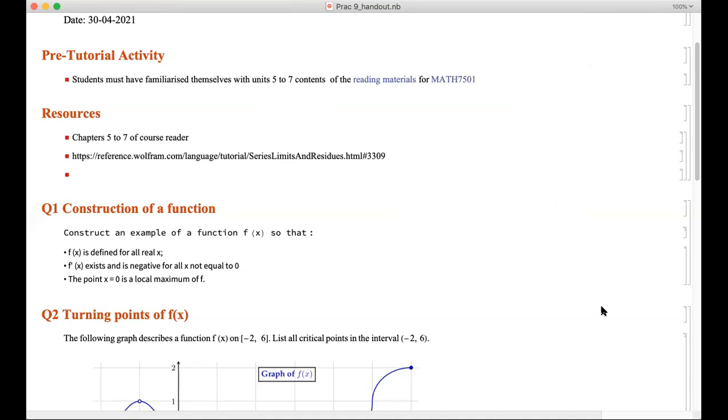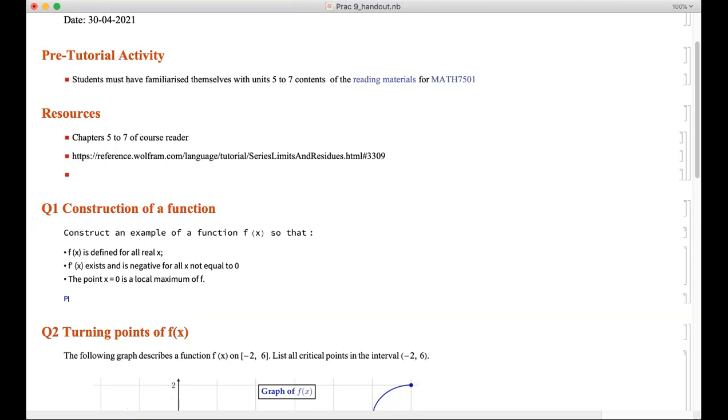Okay, I'm not seeing any answers. Can you just try a little bit more? How about plotting just any function?